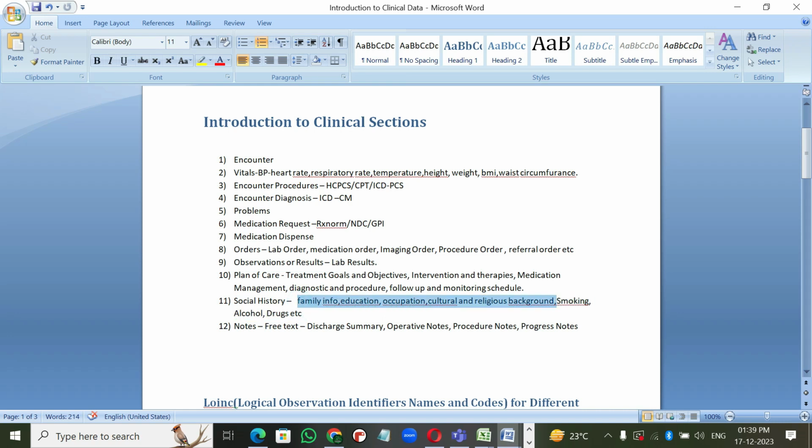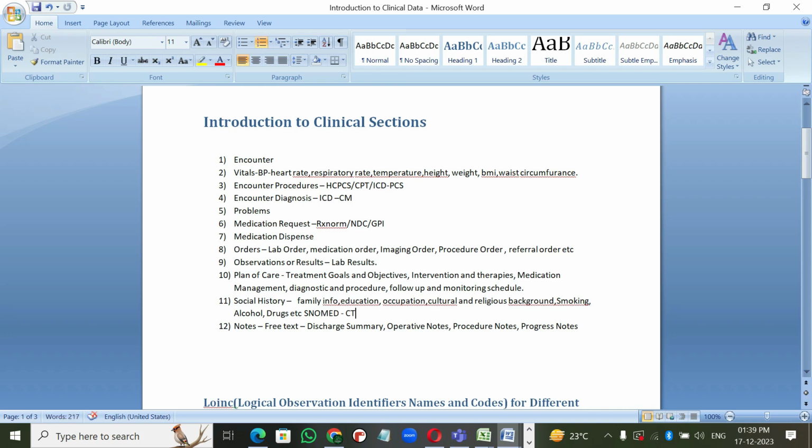But for the use cases that I was talking about, like MIPS or HEDIS or patient identification for clinical trials, mostly what data we are interested in is his smoking history, his alcohol usage, drugs. Those are the things we are interested in, and all this information can also be represented by something called a SNOMED code. It is SNOMED CT.